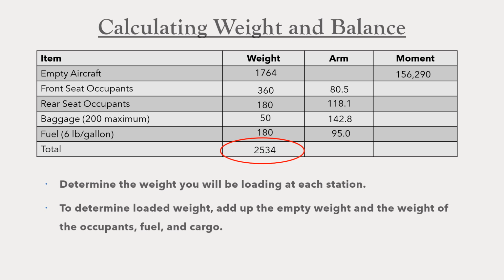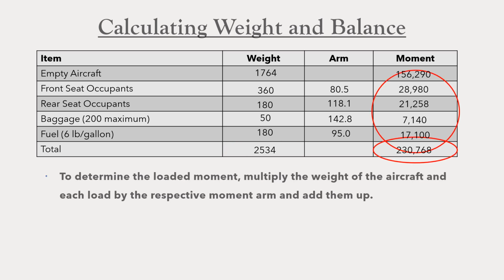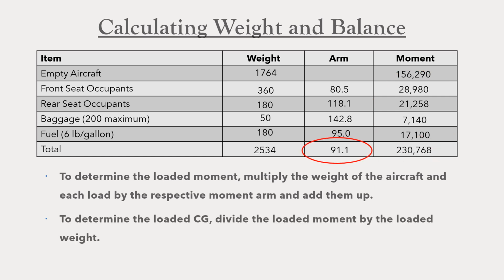That is the loaded weight of the airplane. Then you need to determine the loaded moment. So you multiply each weight times its corresponding arm to get the moment for that weight. Then you add those all up to get the total loaded moment for the airplane. And then you do a division. You divide the total moment by the total weight, and that gives you the loaded center of gravity location.